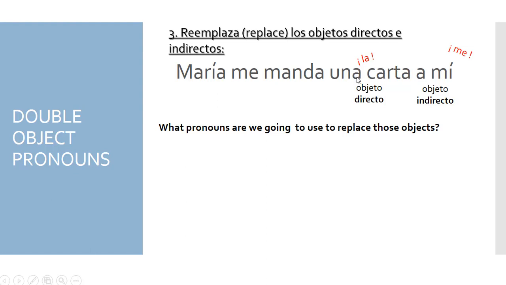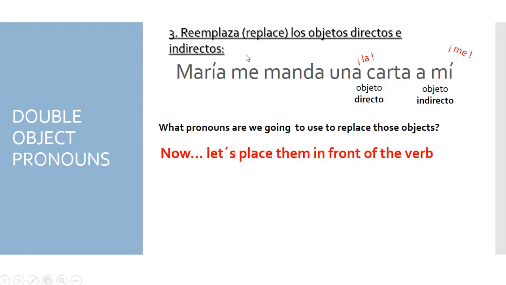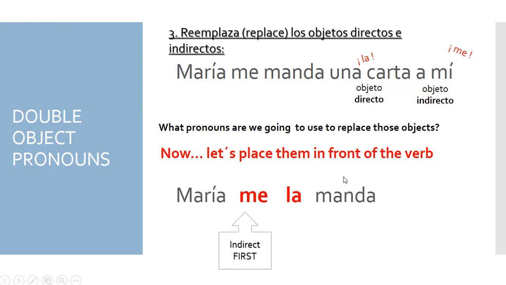It's feminine and it's singular, so we'll replace it with la. Okay, so where do we put that me and that la? The me is already there. We already said that. So let's see. We're going to put them right in front of the verb. See the subject, the verb, I didn't change anything, okay? The indirect one goes first, like I said earlier, and then you put the direct one right there. That's it.